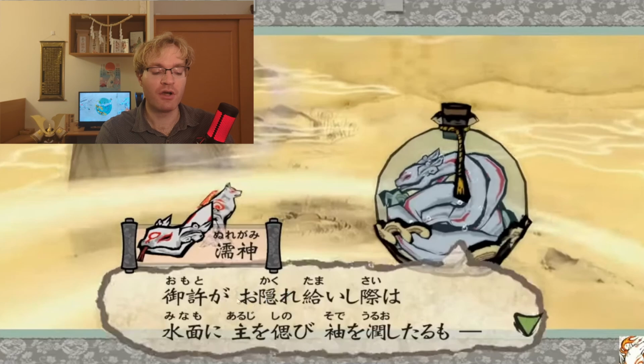However, this is just one way that you can make things more honorific, because Nuregami here, all of these celestial brushstroke gods, they speak to Amaterasu, who is the head goddess, the sun goddess of the Japanese pantheon, right? And I believe they are actually offshoots of her. They are aspects of her.